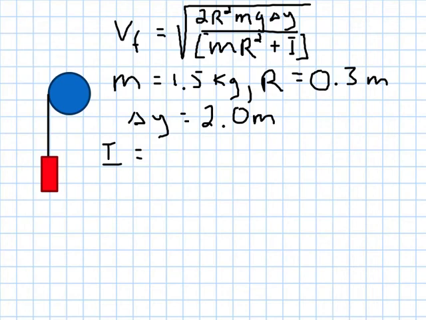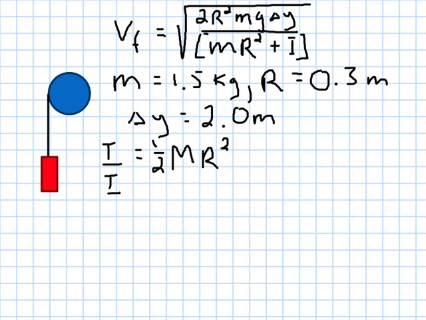And moment of inertia, the problem specified that the pulley was made from a solid disk. The moment of inertia for a solid disk is equal to 1/2 the mass of the disk times the disk's radius squared.